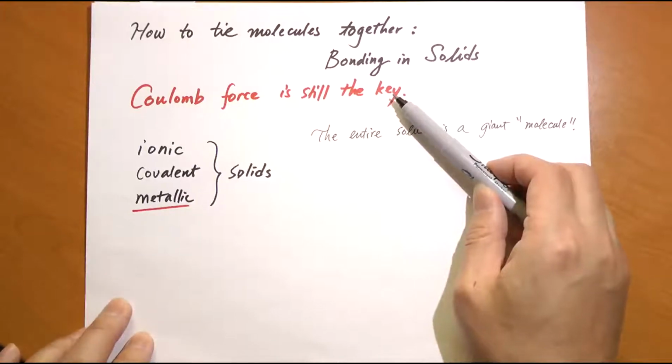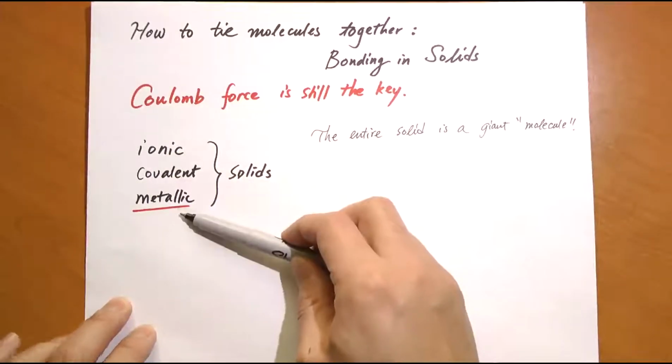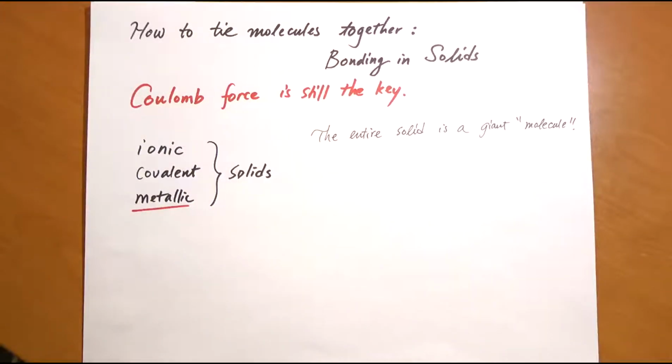Okay, and when it comes to bonding in solids, there are different types of solids: ionic, covalent, and metallic. For ionic and covalent solids, we just extend the ionic and covalent bonding between atoms in a molecule beyond the boundary of one molecule, and just keep going throughout the entire solid, and we will get what's called an ionic solid or covalent solid, and we will see typical examples of that.